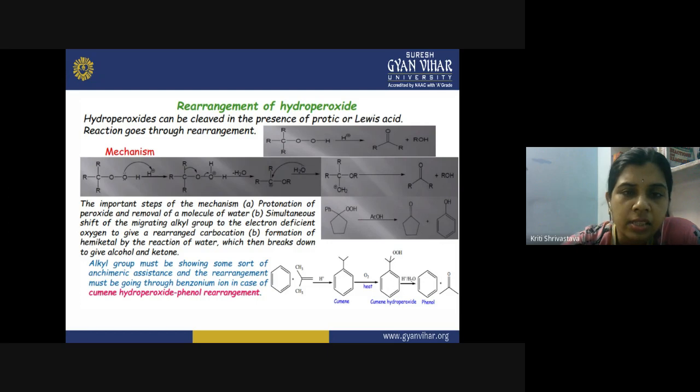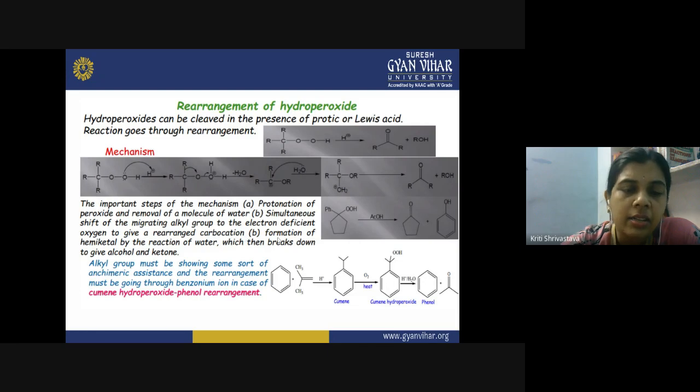So this is a simple rearrangement of the hydroperoxides to give ketone, and the important steps of the mechanism are what? The first step is protonation of the peroxide and removal of the molecule of water. Then the second step is simultaneous shift of the migrating alkyl group to the electron deficient oxygen to give a rearranged carbocation.